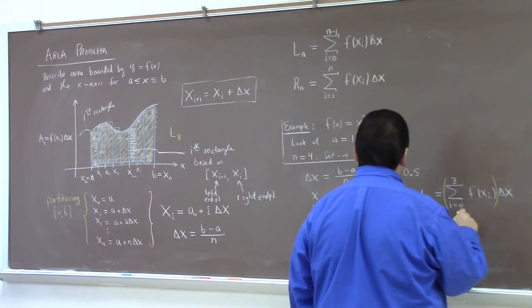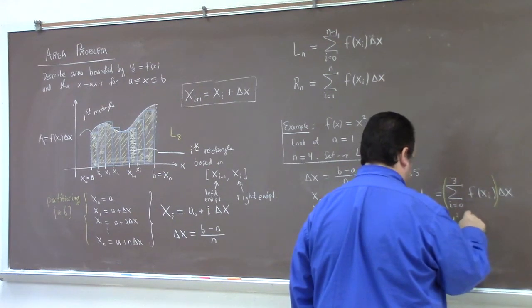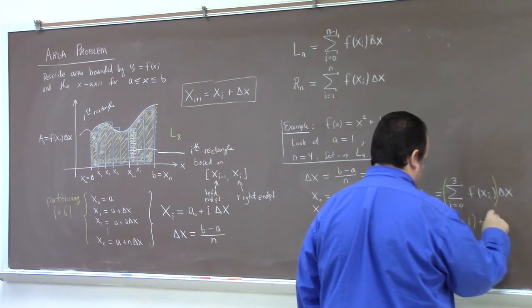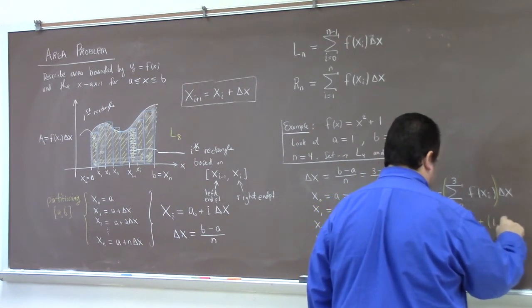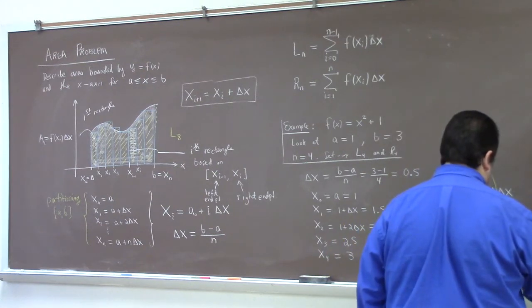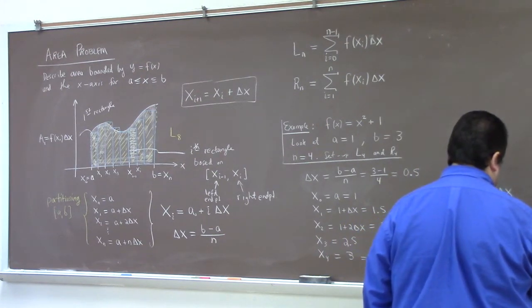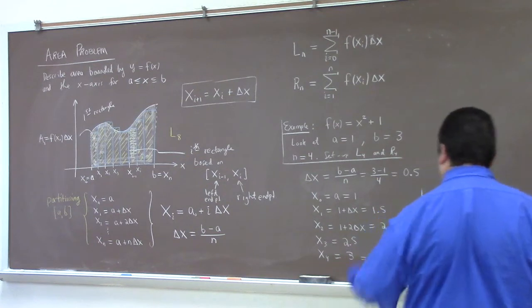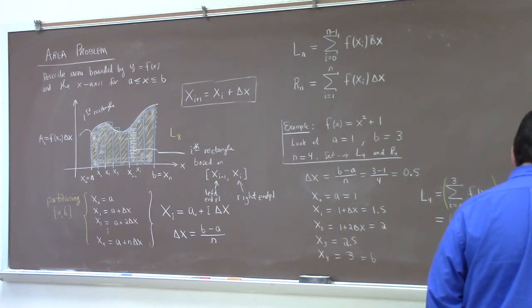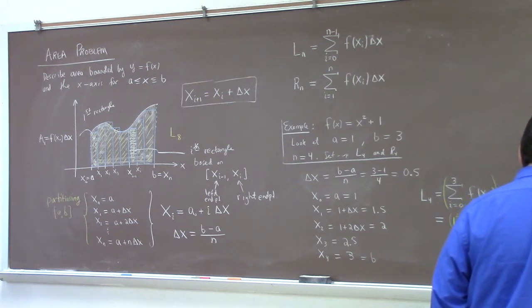1 squared plus 1, that's f of x0, plus 1.5 squared plus 1, that's f of x1, 2 squared plus 1, that's f of x2, and then 2.5 squared plus 1, that's f of x3.